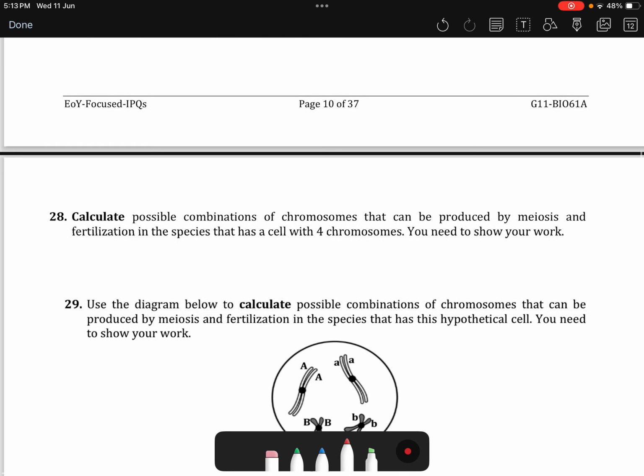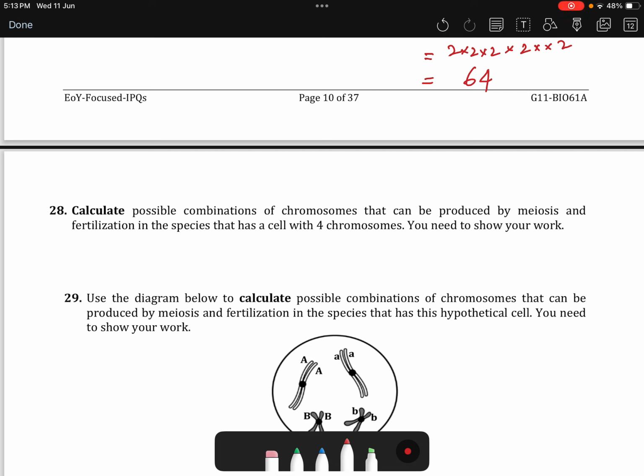Calculate the possible combinations of the chromosomes that can be produced by meiosis and fertilization in a species that has 4 chromosomes. Now we have 4 chromosomes in total, so we need to see what the possible combinations are.